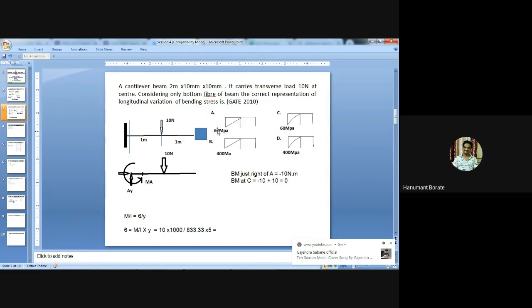I will see later on. Our answer is 2.40 MPa.